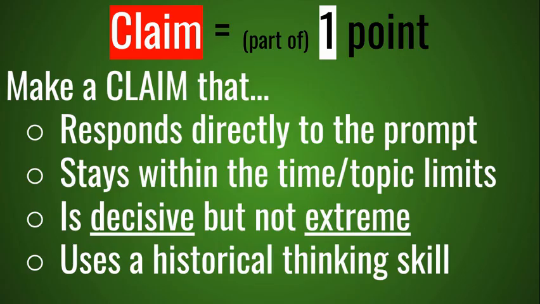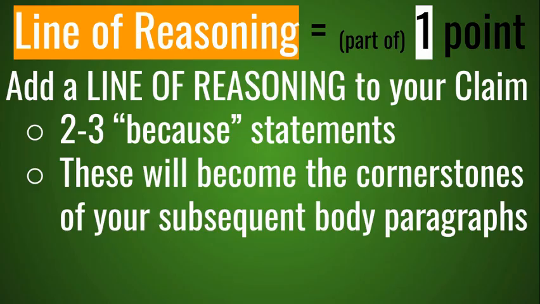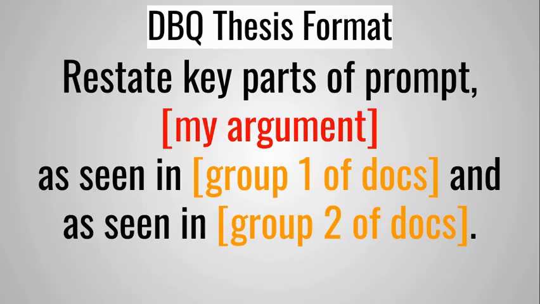Make a clear stand on the question, and then add the line of reasoning, these 2 or maybe more because statements that show here are the paths I intend to analyze in order to prove this claim. These will become the cornerstones of your subsequent body paragraphs. And remember, without a line of reasoning, you are unable to earn the claim point. They go together, and you can only get the point if you do both.